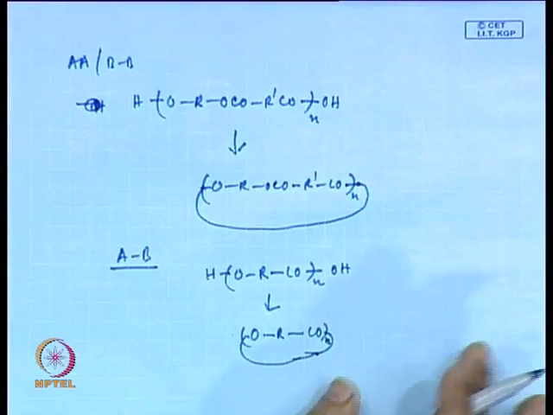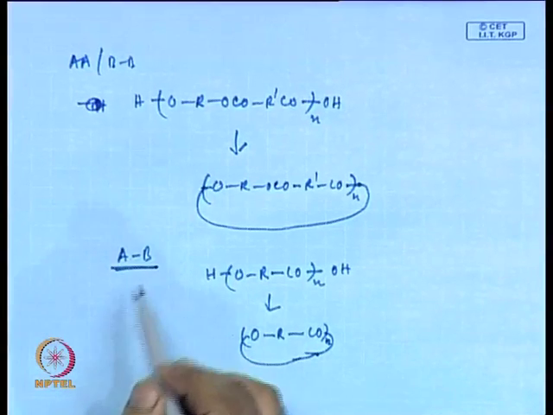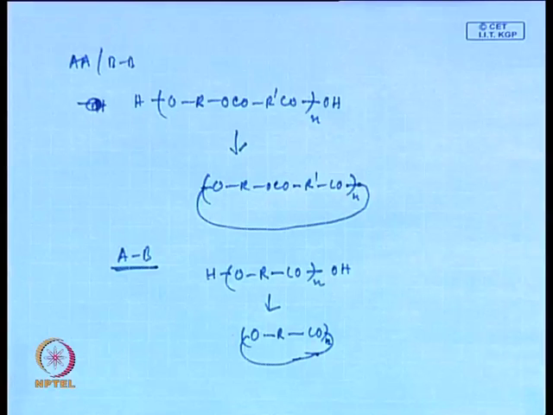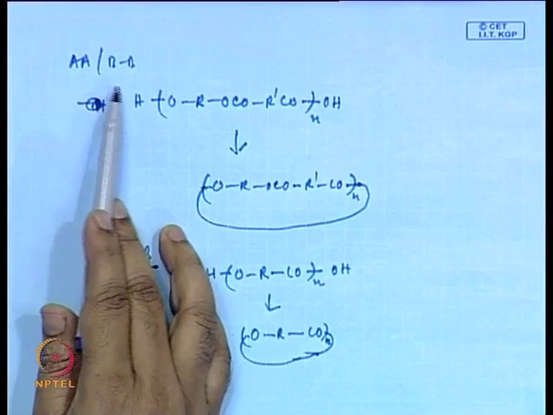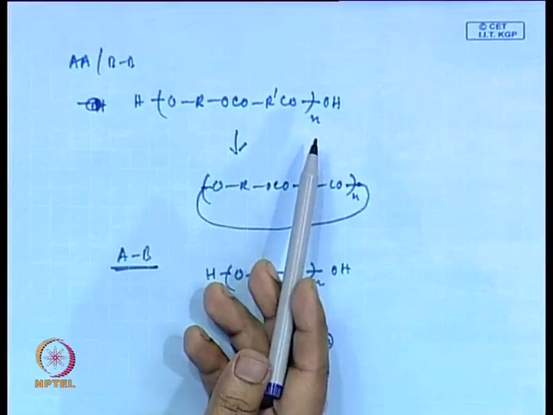So, these are showing the possibilities of cyclization. If you have AB type monomers, then even in the monomeric stage they can intramolecularly cyclize. If you have AA or BB type monomers, they can only cyclize at the oligomer stage.